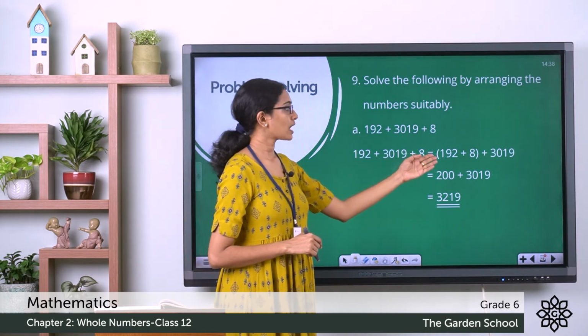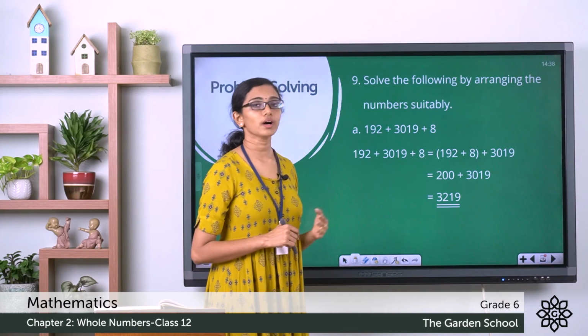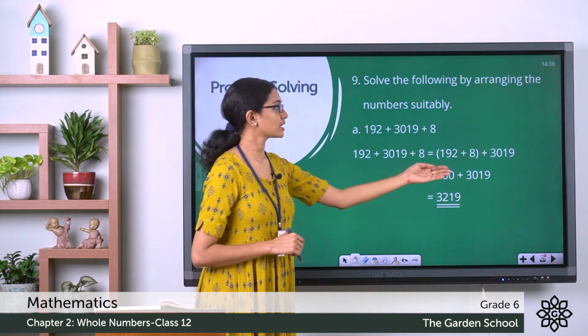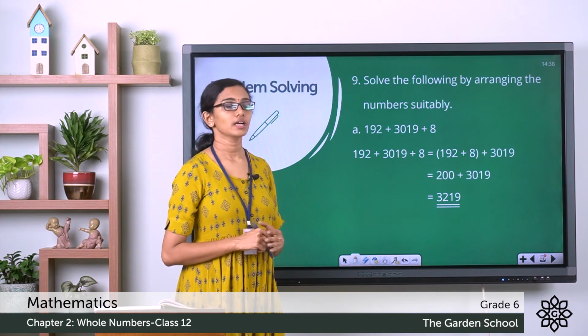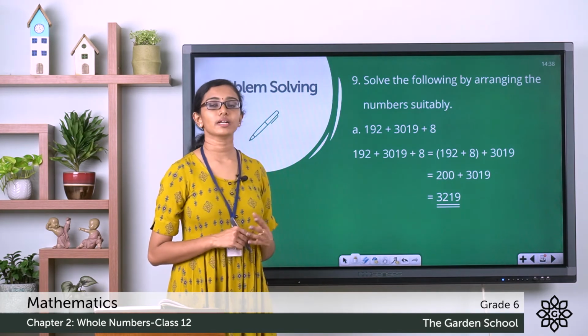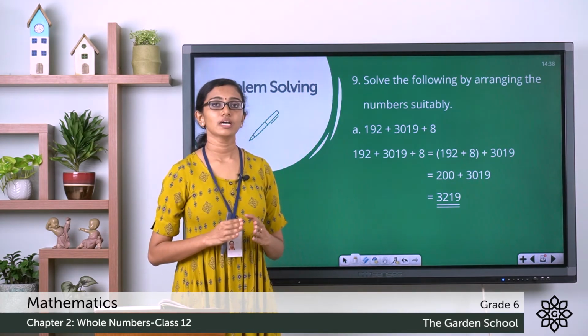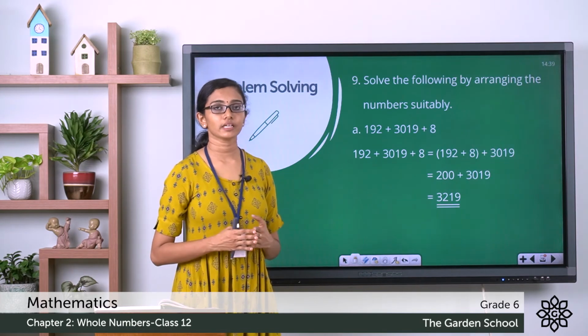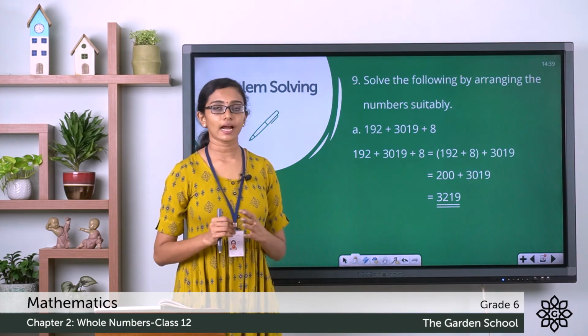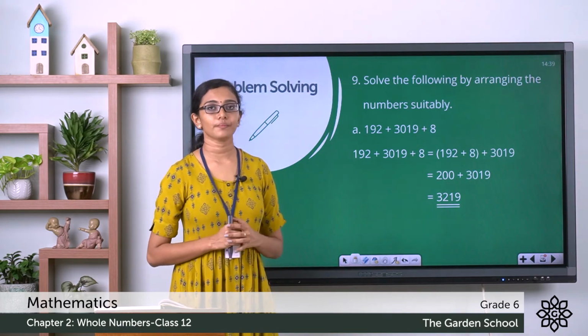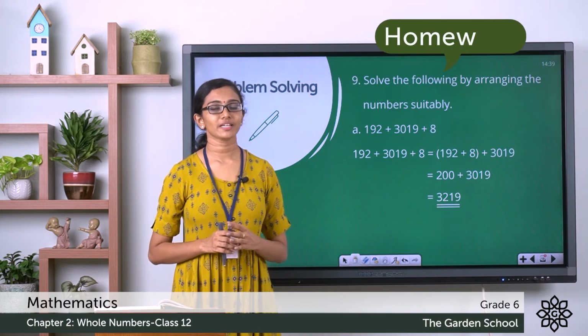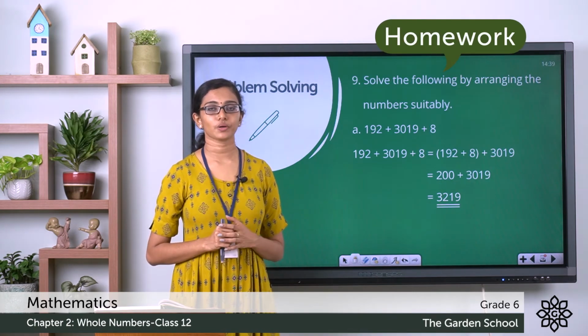So if you add 192 and 8, you get 200. And then you can easily find the total sum. That is equal to 3219. So we have rearranged the order the addends are given. We have grouped the addends and found out the sum easily. Now try doing the rest of the questions as well in your notebook.